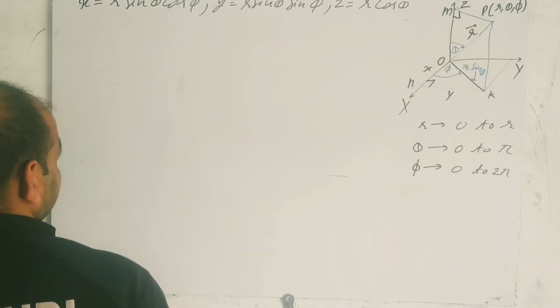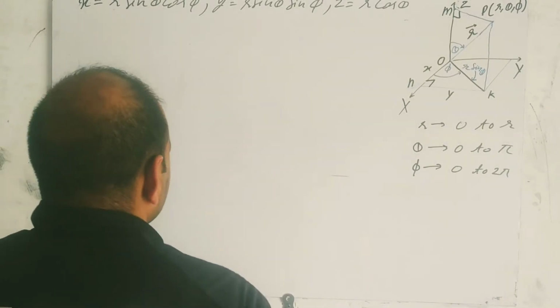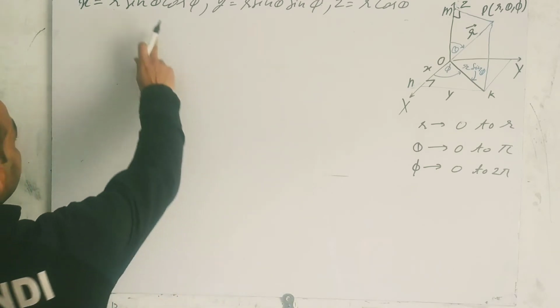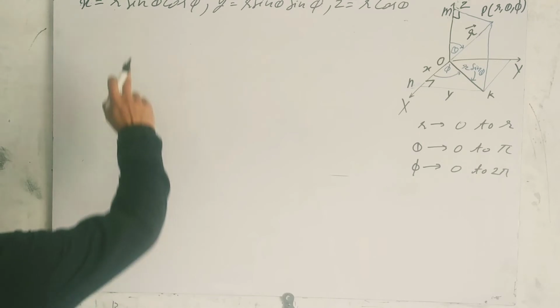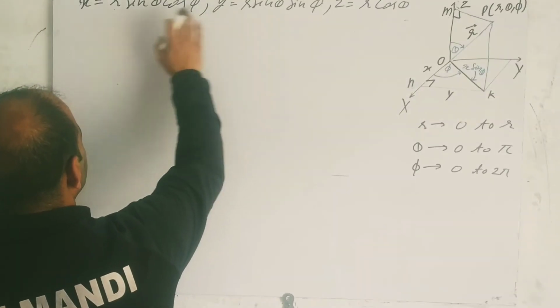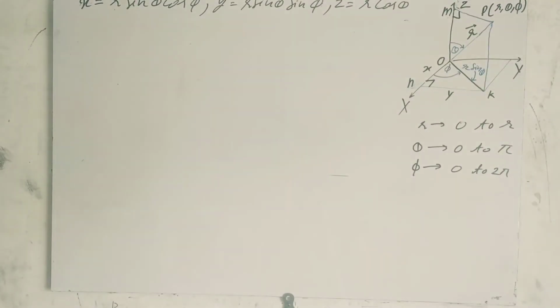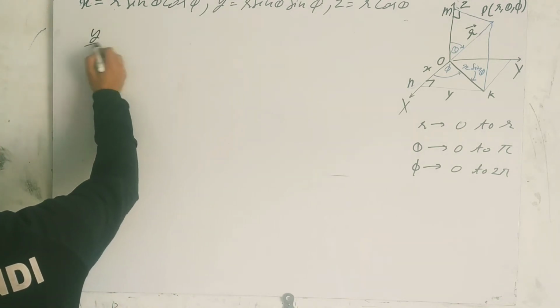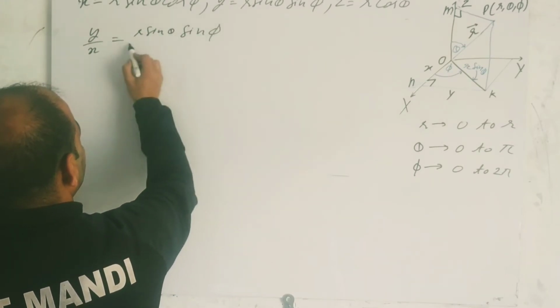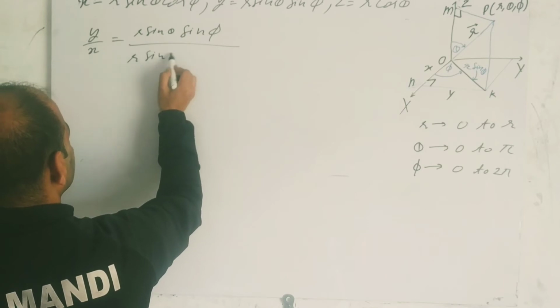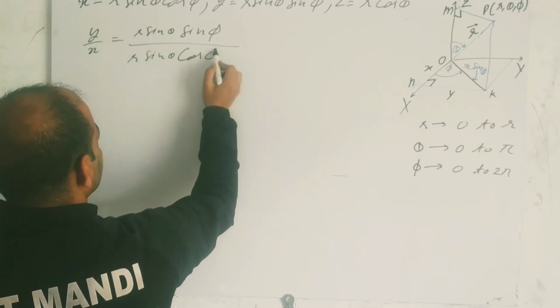To find theta and phi, now phi is in these two terms only. So how will we find that? We will divide the y term by the x term simply. So that is going to be y upon x equal to r sin theta sin phi divided by r sin theta cos phi.